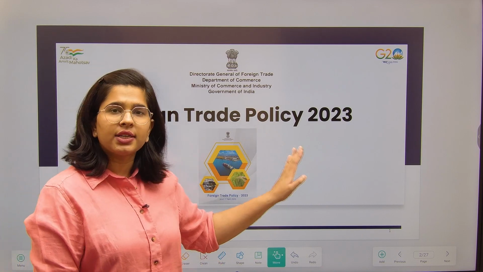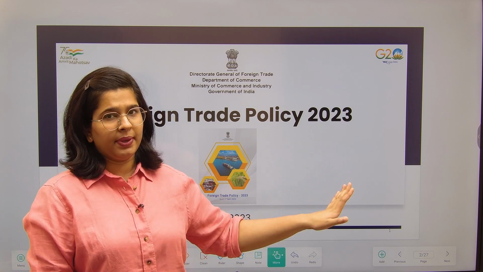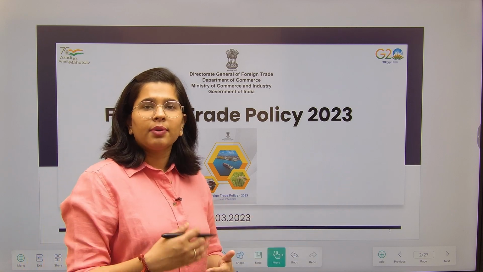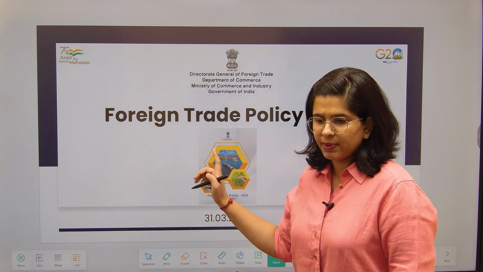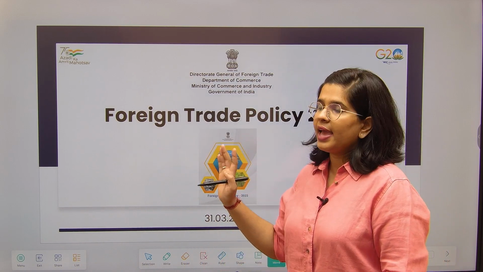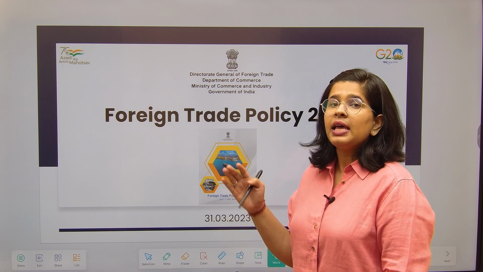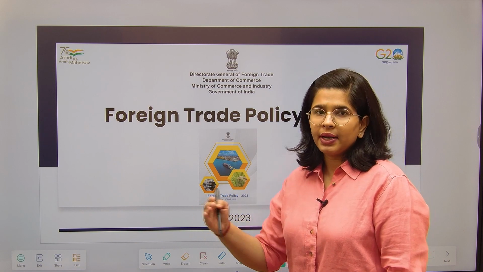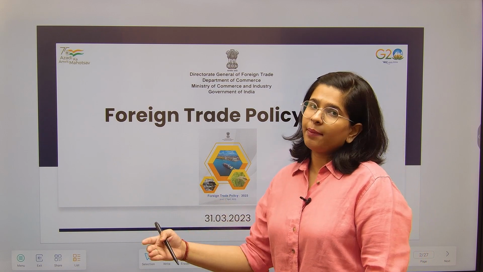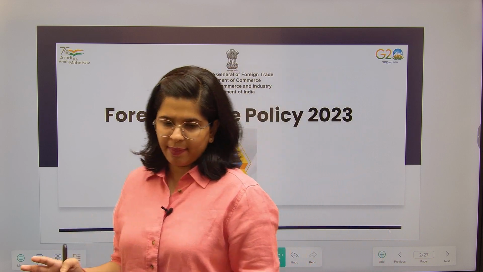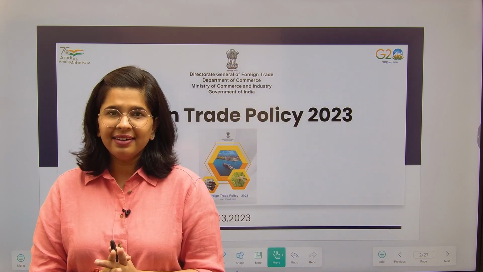This is going to continue as it is for an indefinite period. But yes, as the economy changes and updates are needed, updates will be made in this particular FTP 2023. That means now this is going to be a permanent item and there will be updates as per the requirement. I hope this is clear, right?